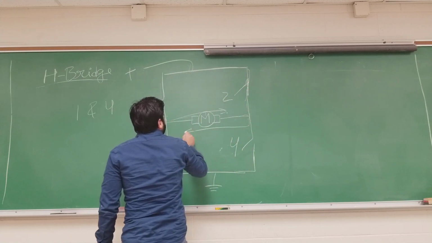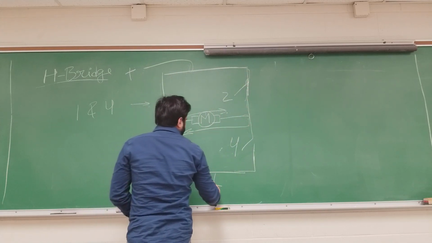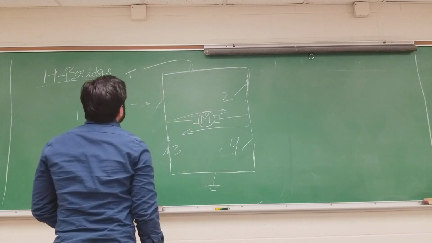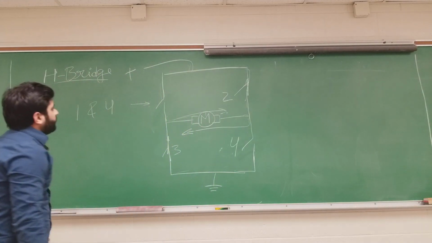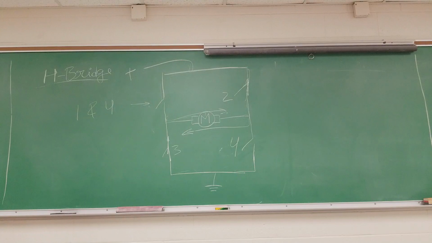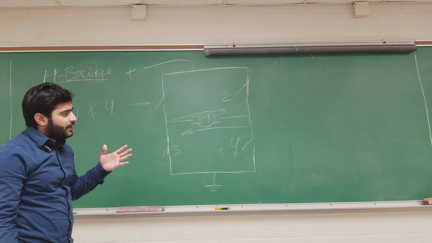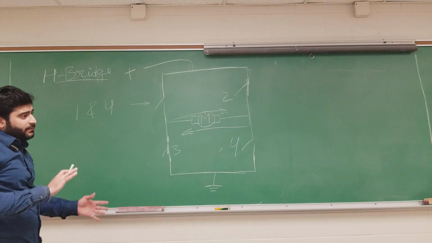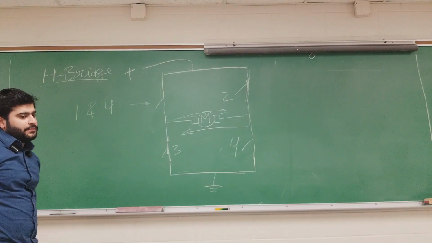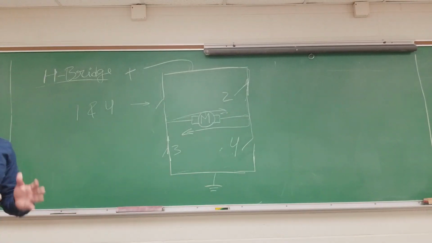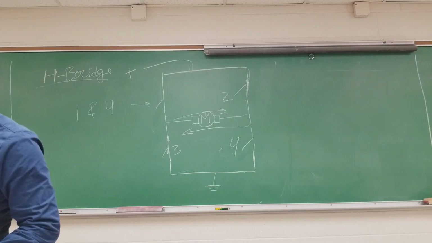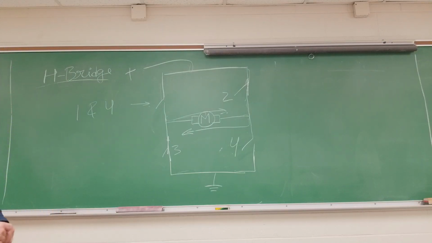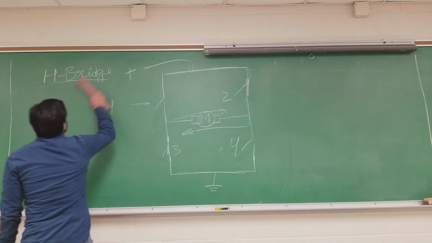It will go like this, and then through this it will go to the ground. So by using the H-bridge, I can have a rotation in positive as well as negative direction. So it covers the entire range. We can have a rotation in dual direction. Now the next concept is the deadband.